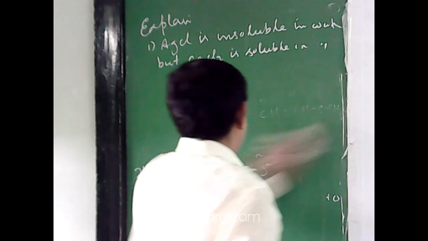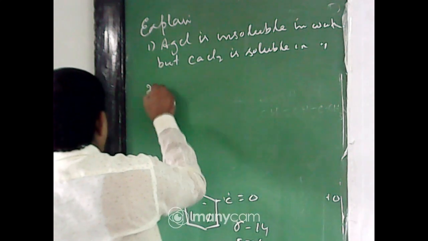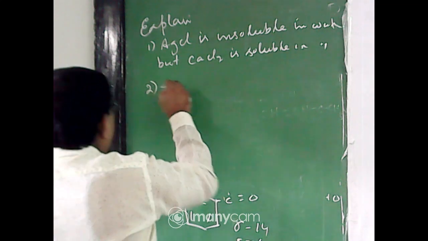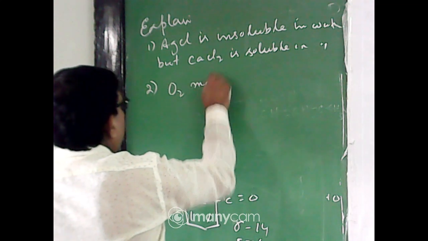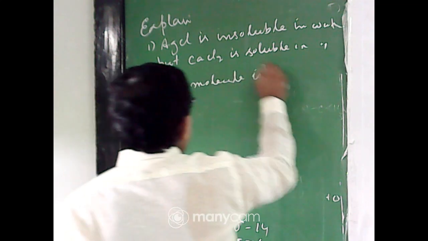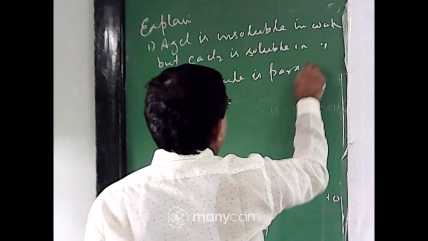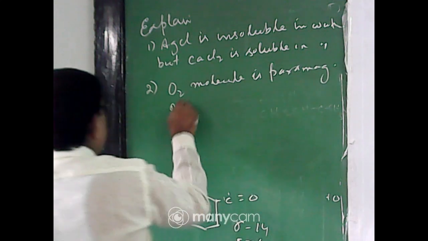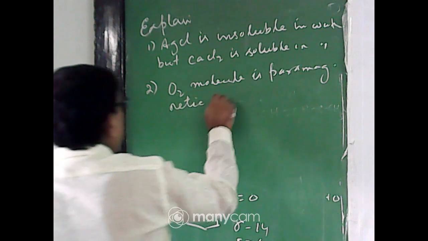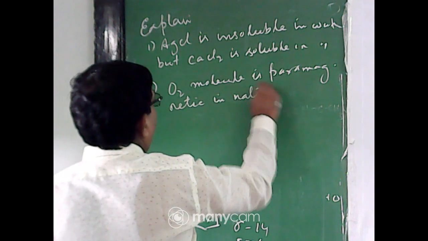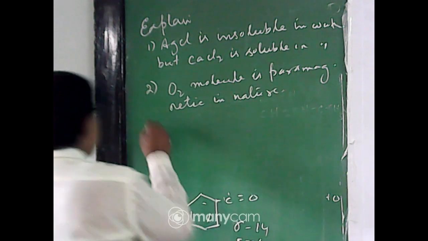This is the first question, explain. Number 2, O2 molecule is paramagnetic in nature.